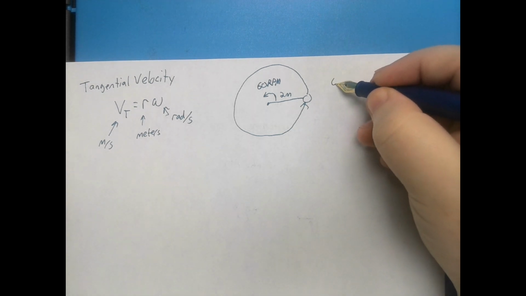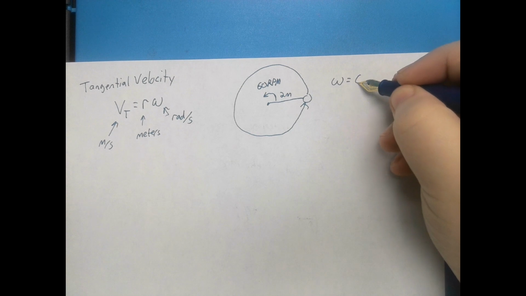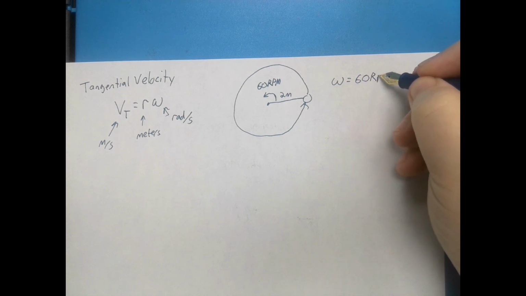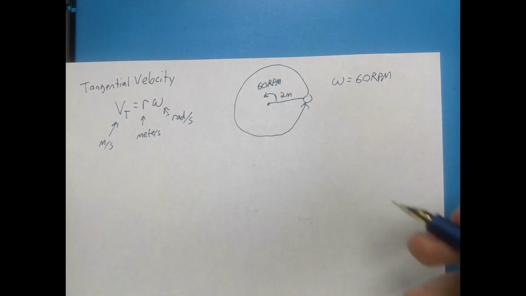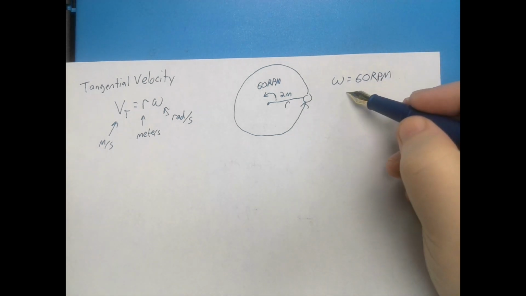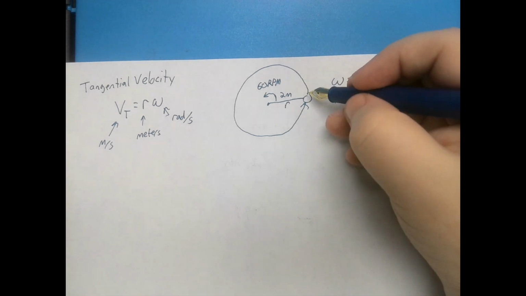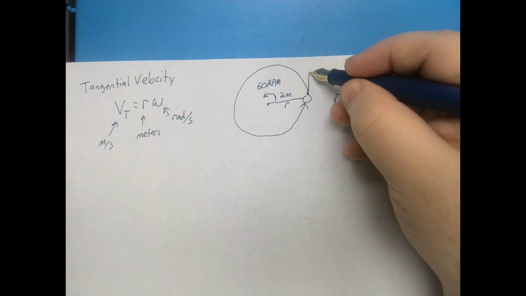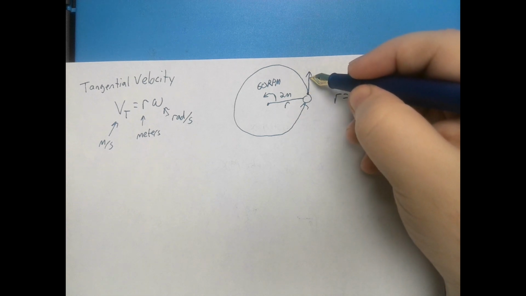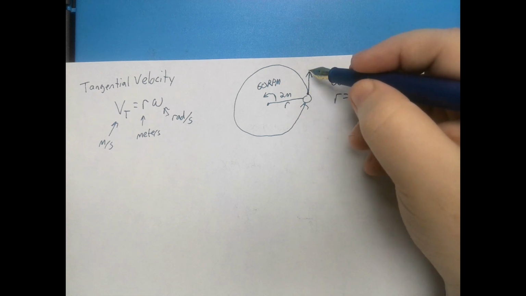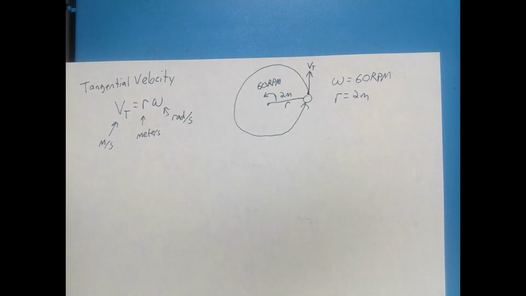So omega is equal to 60 RPMs. Note, this is not radians per second. Our R value is 2 meters. If we imagine the ball moving in a straight line, this tangential line touching the circle is the tangential velocity.